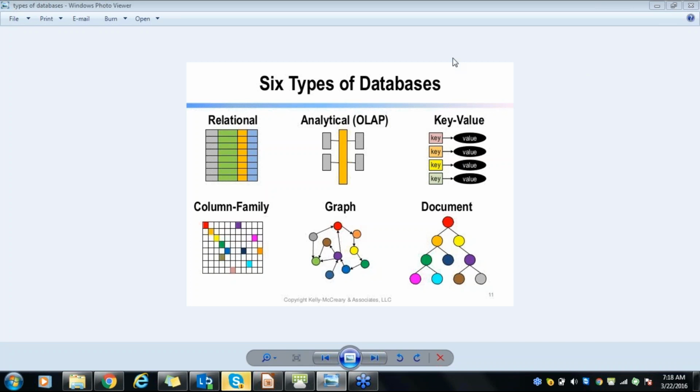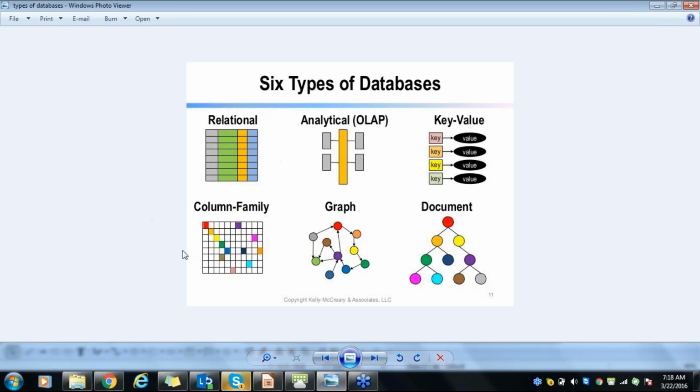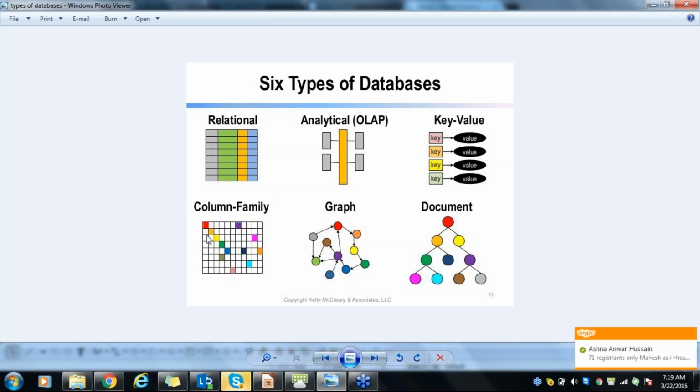So that's the key value system, and then there's the column family, where one column is the primary. At some point, it is similar to key value. All similar columns will be grouped, like employee ID and his department ID, which have a direct relationship, right?